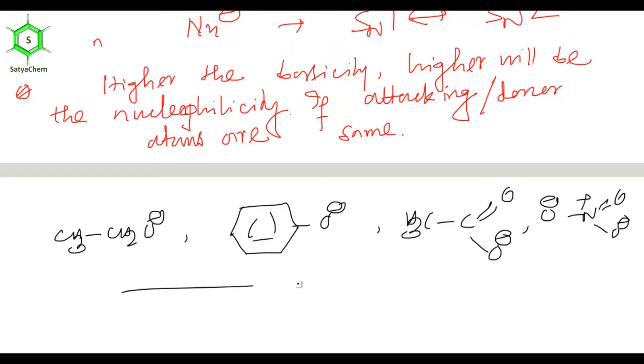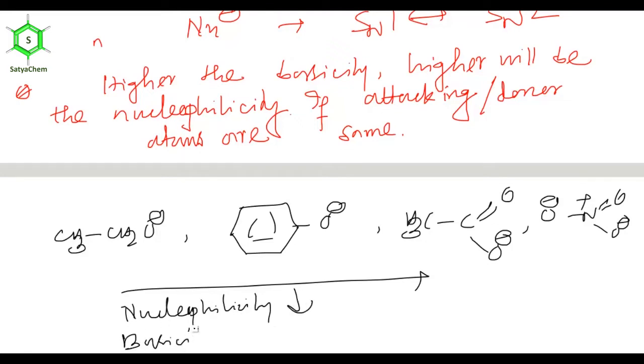Here, on moving from left to right, nucleophilicity decreases and basicity also decreases, because here the attacking or donor atoms are the same, so nucleophilicity and basicity run in the same order, on the same track.